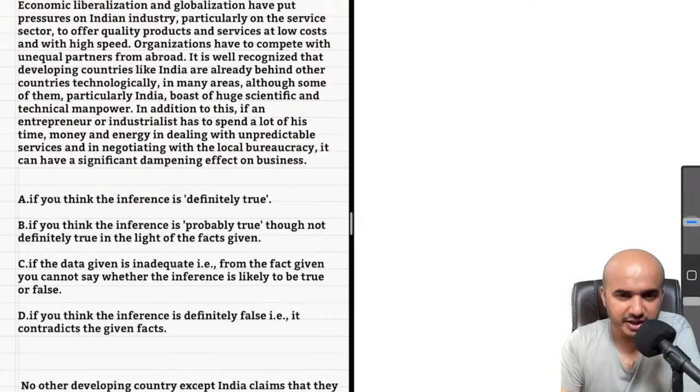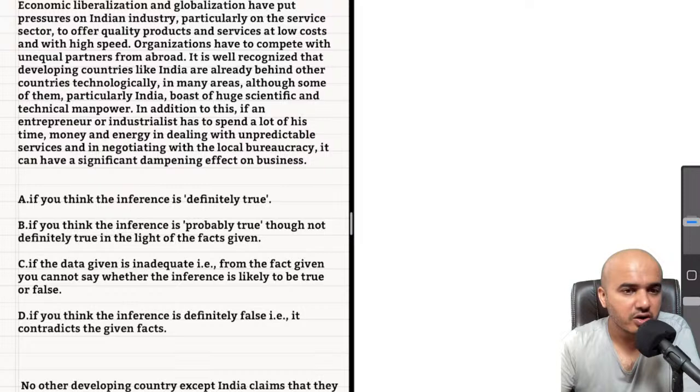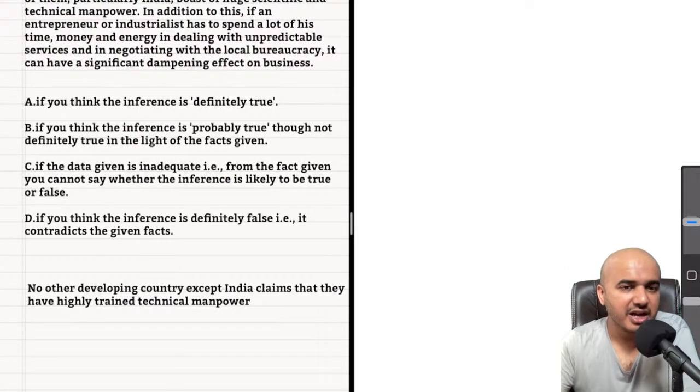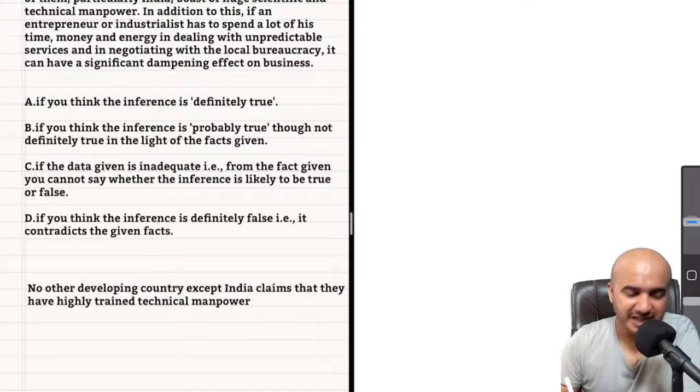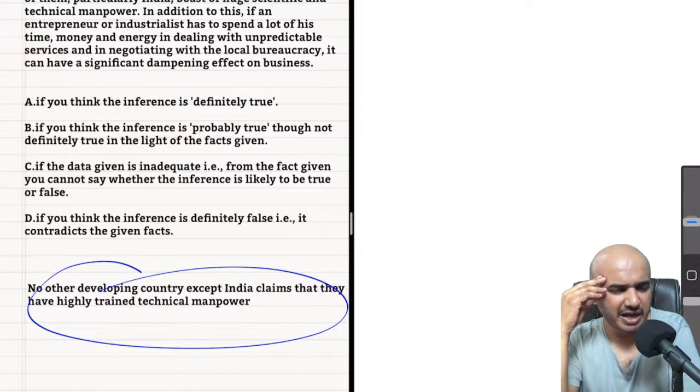So now let us look at the inference. The inference here is, no developing country except India claims that they have highly trained technical manpower. Is that the inference which we can draw from the passage?